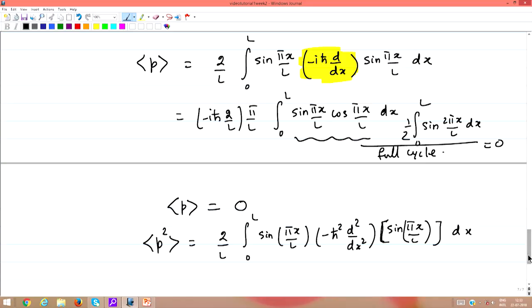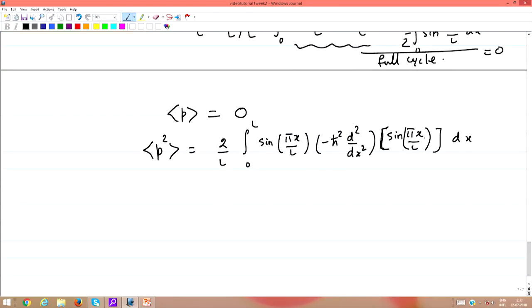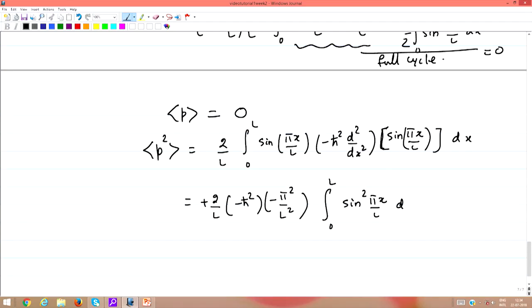Okay. And this you know is essentially the same sine pi x by L you get, except with the minus pi square by L square. Therefore, what you get is plus 2 by L into minus h bar square into minus pi square by L square, integral 0 to L sine square pi x by L dx.